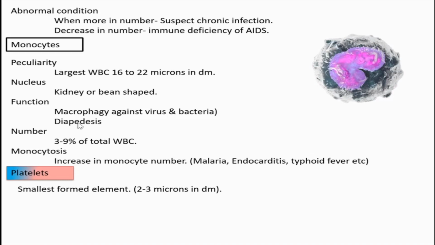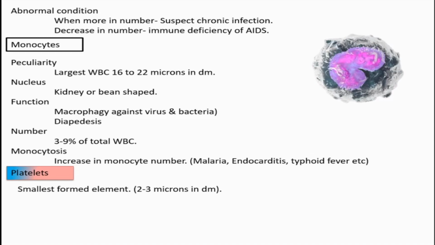And it shows a property called diapedesis. Diapedesis means it can extrude from blood and move to the nearby area to phagocytose any foreign body. That property is called diapedesis. What is meant by diapedesis? It is also sometimes asked in examinations as a one mark question.